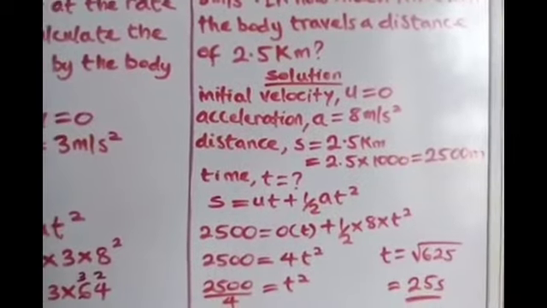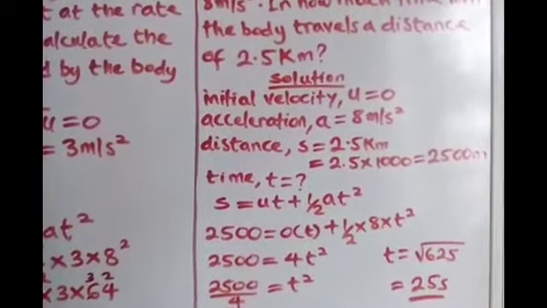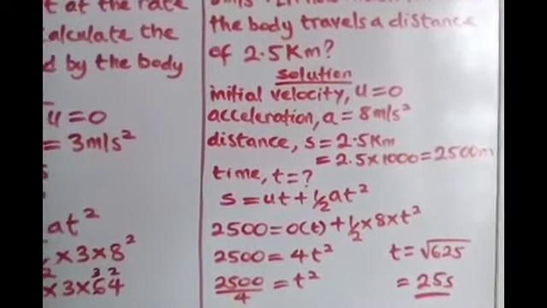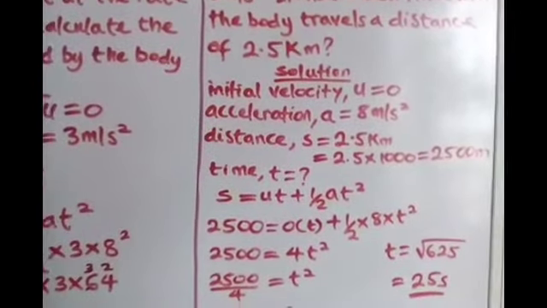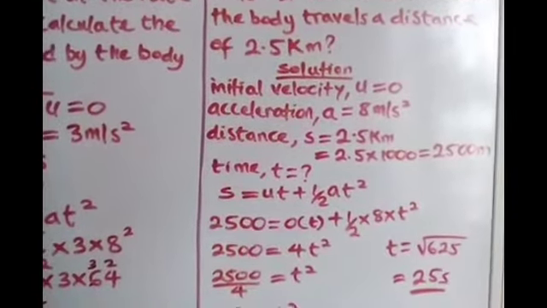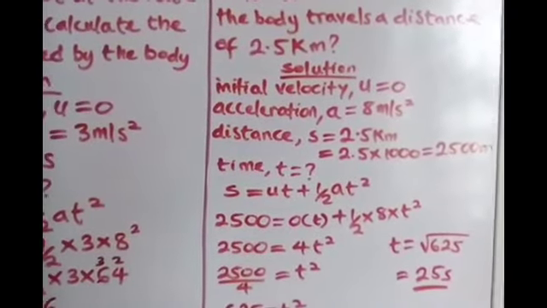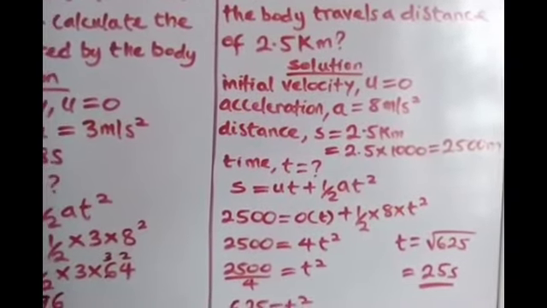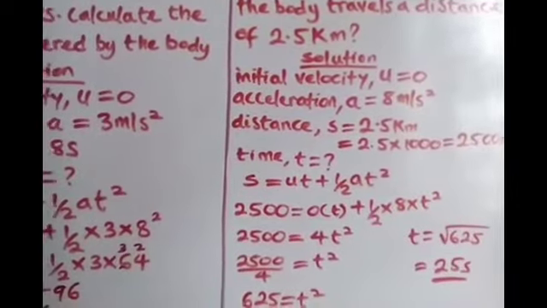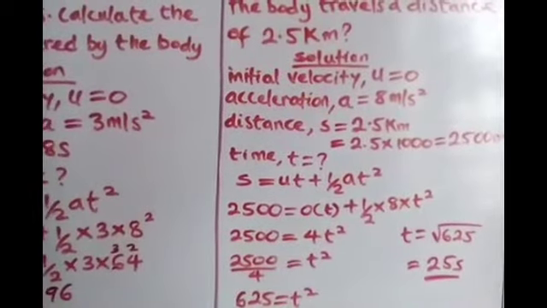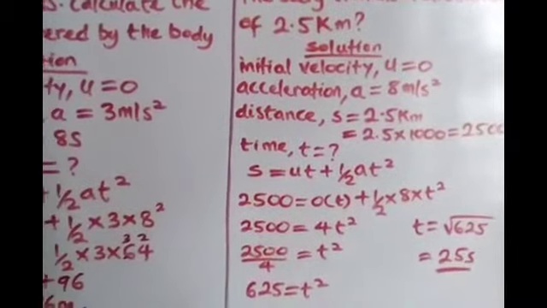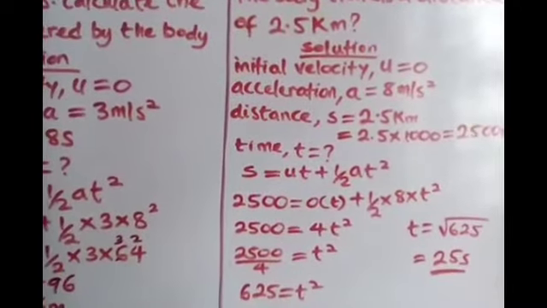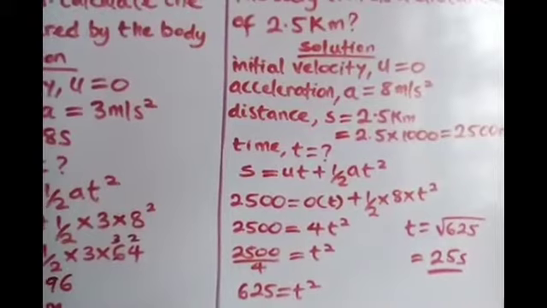2500 meters. From there, which equation are we going to use to solve this question? The one that contains u, a, s, and t, which is s equals ut plus half at squared. From there, we put our s to be 2500 equals 0 times t plus half times 8 times t squared. 2500 equals half times 8 will give us 4.